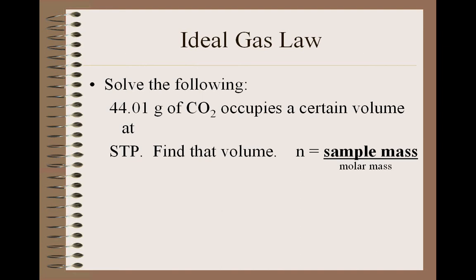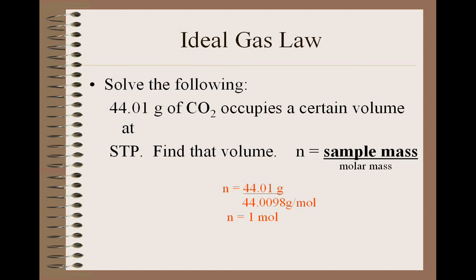So solve the following. 44.01 grams of CO2 occupies a certain volume at STP. That's standard temperature and pressure. Find that volume. Remember that n is the sample mass of 44.01 grams divided by the molar mass of CO2, 12 plus 32.